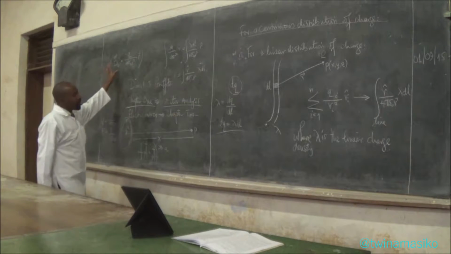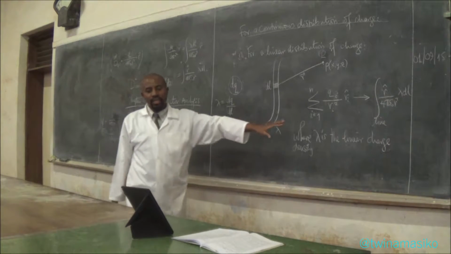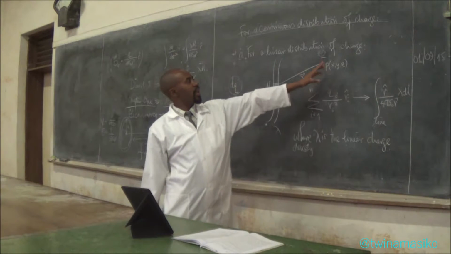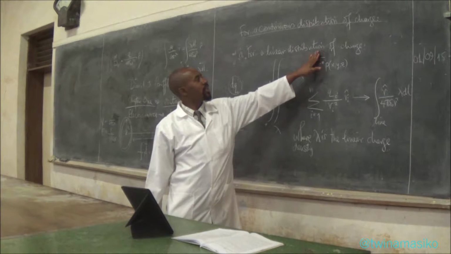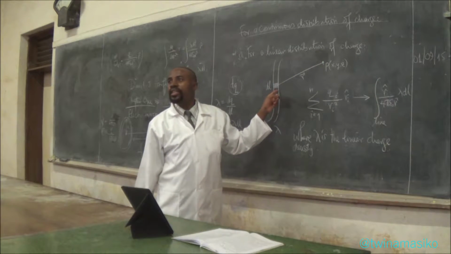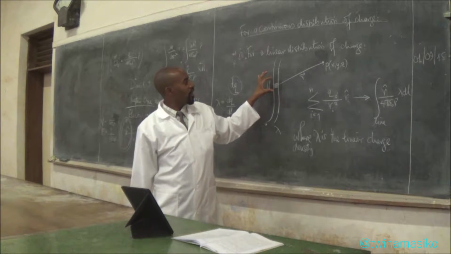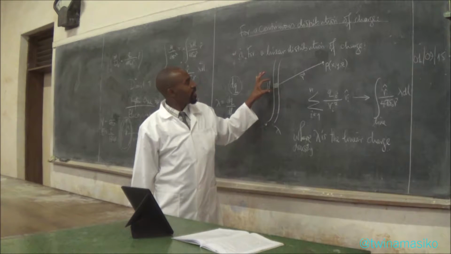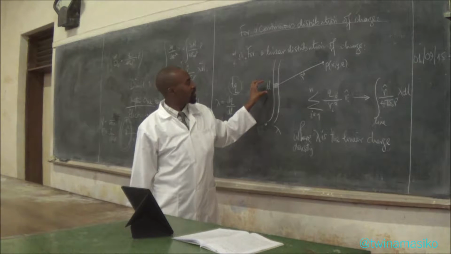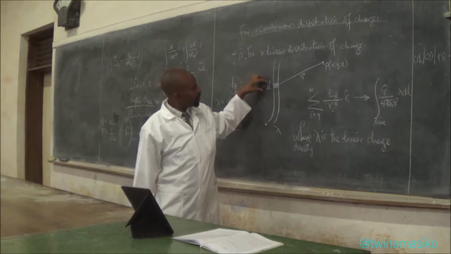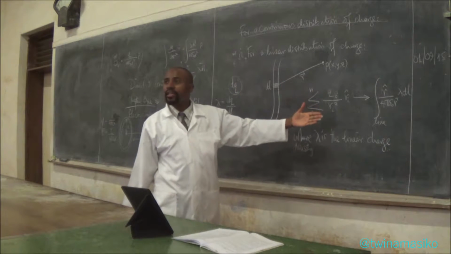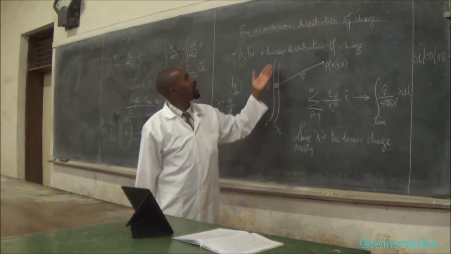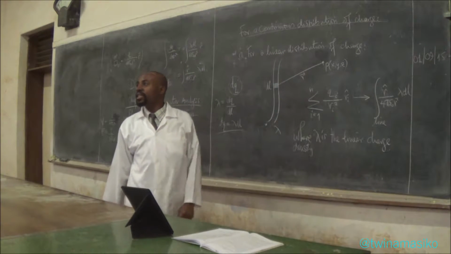So I now bring in the electric field intensity experienced at this point due to the field resulting from this elemental charge, so that when I integrate along the whole line, I will be able to get the total.